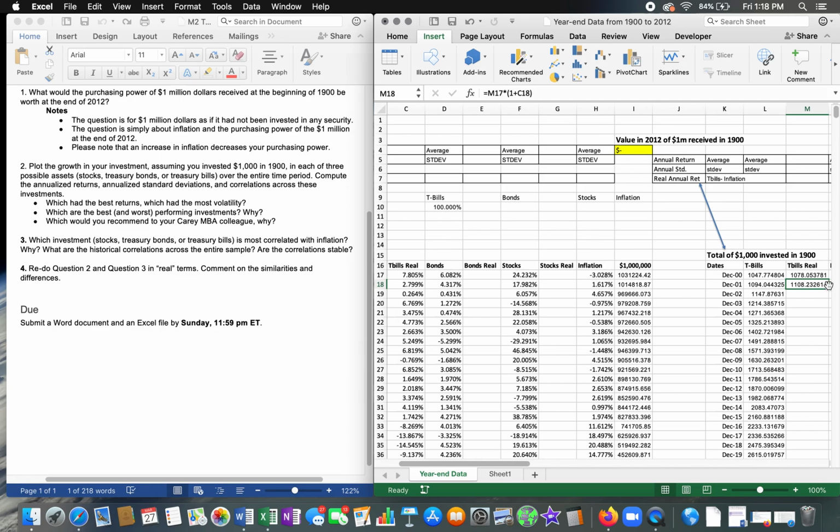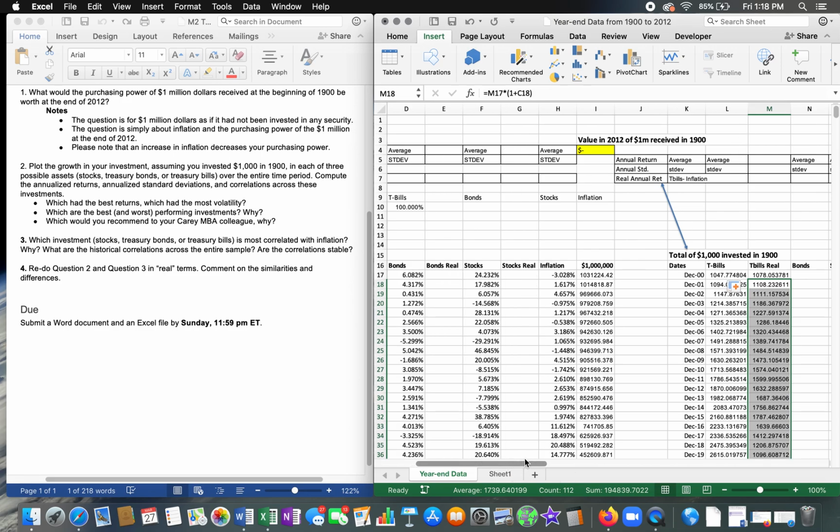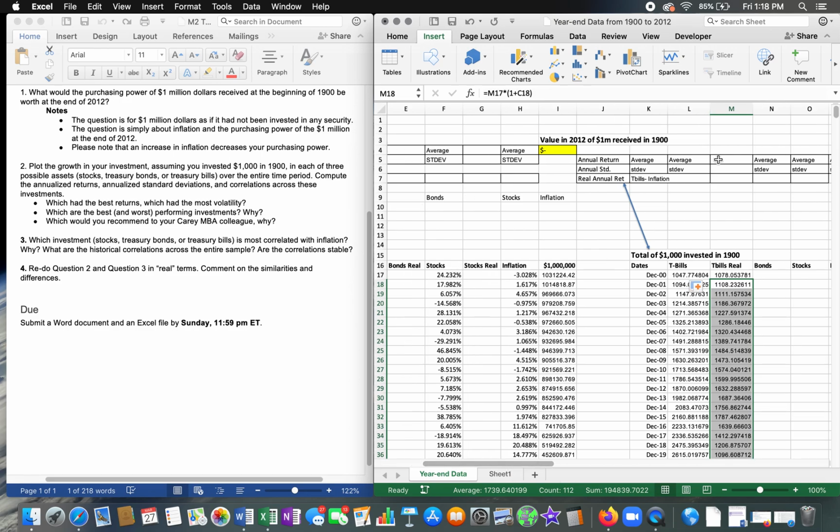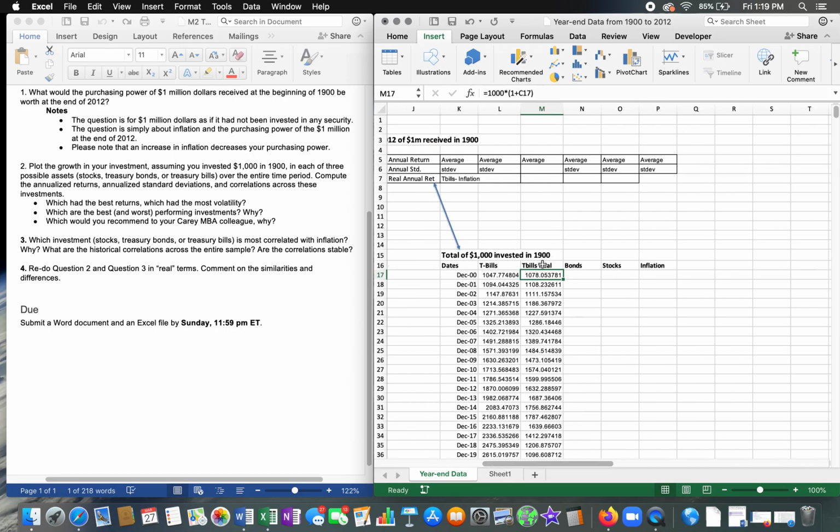Okay, and then double click to fill in that whole chart. And then you can also do the average up here. And then once you get these figures, the T-bills real, bonds real, and stocks real, you can insert a chart as well. And then you guys are done.